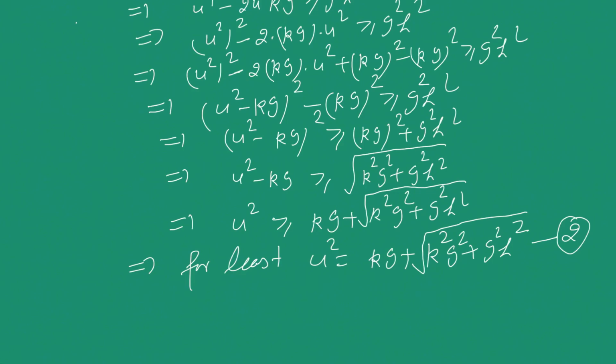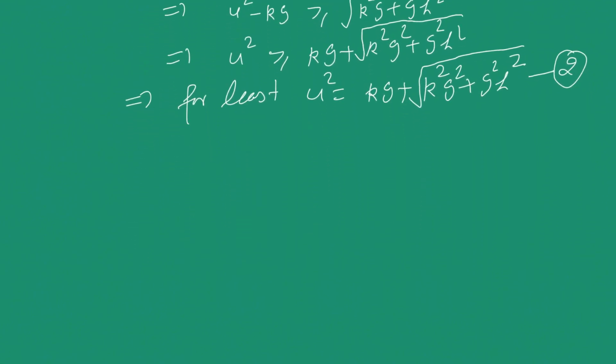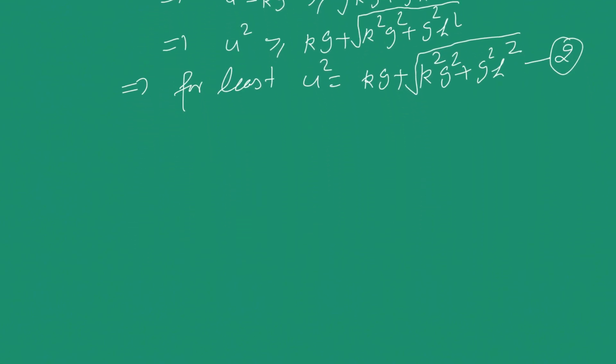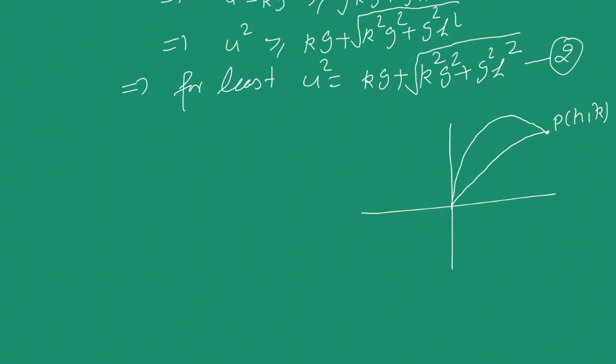Now next we will find the times of flight to hit a given point. For an example, say this is the point h comma k, and we have studied that there are two directions: this is direction number 1 and this is direction number 2.